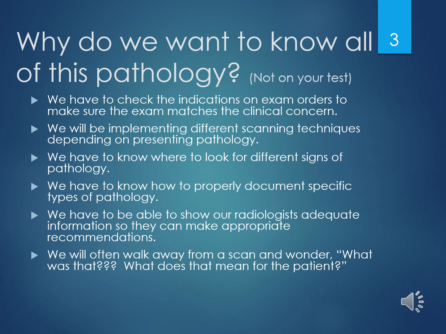Additionally, there's more reasons why we need to know all of this pathology. We have to check the indications on exam orders to make sure that the exam matches the clinical concern. If you get an order and it says that the doctor is concerned that this patient has a DVT due to leg swelling, but the exam is an ABI, which is going to check for their arterial blood flow, first of all, that's not going to answer the question if the person has a DVT.